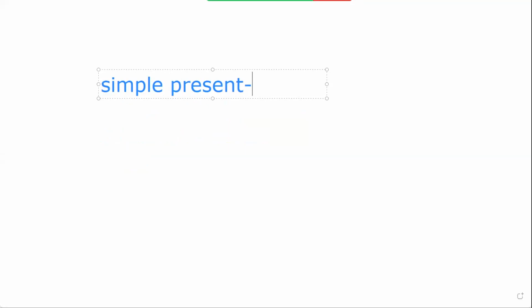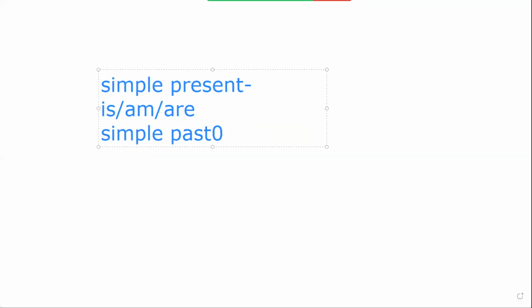Yes, ma'am. In simple present, what supporting verbs do you have to use? Is, am, are. Simple past: was, were. These should be remembered. Simple future: be. Just be.